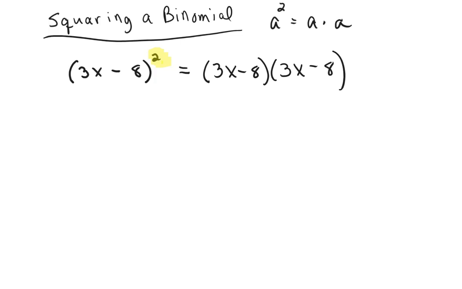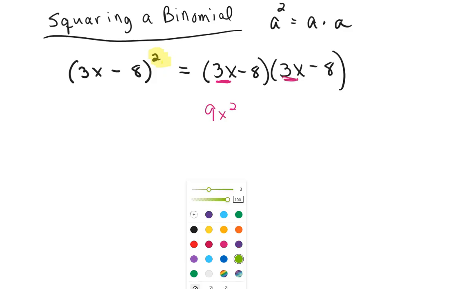And at this point, I could just use the FOIL method, which I went over in a previous example. The FOIL method would be take your first times your first, 3x times 3x, that is 9x squared. And then take your outsides.